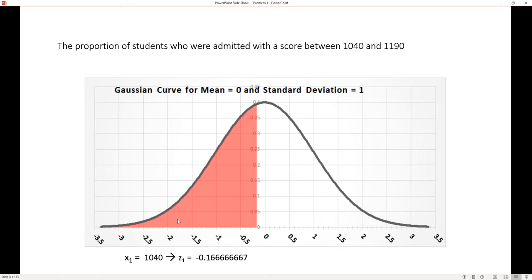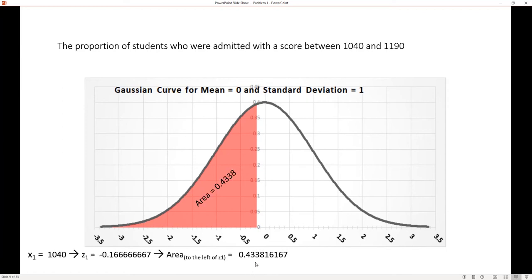Why? Because 50% of the data falls from all the way out here in the tail on up to this 0 right here. Well, we have this little piece that's missing right here. So what that means is that it has to be less than 50%. I don't remember exactly what it was on the spreadsheet, but the next slide should tell me.